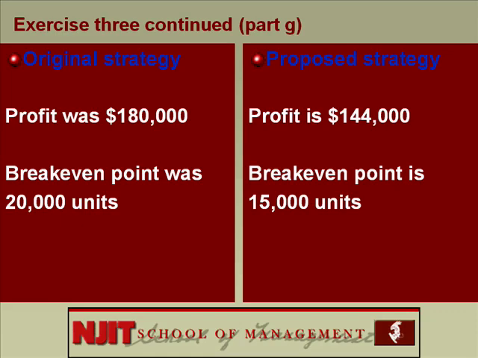But under the previous scenario, the break-even point was 20,000 units. Now it's gone down to 15,000 units. So you could make a case that it's a good strategy because the break-even point has declined. So if you're the boss, would you adopt this strategy or not? Yes or no? Take a few minutes and think about it.